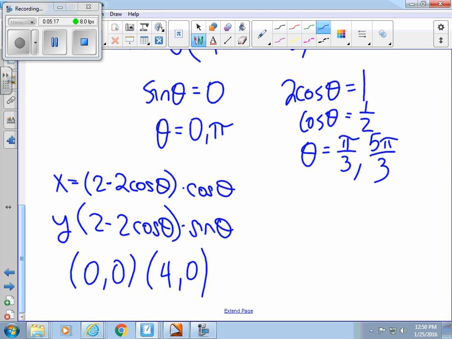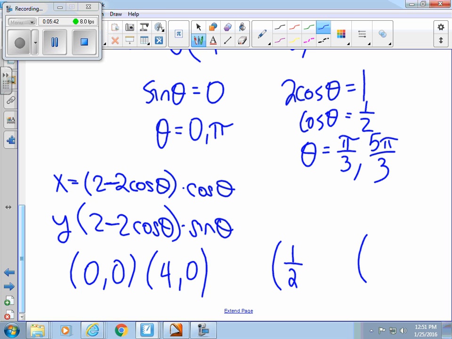It is. Okay, plug in pi over 3. I know that cosine of pi over 3 is a half. So 2 minus 1, which is 1, times a half. So I get 1 half for x. Shouldn't that be negative for us? Possibly. Times cosine theta.